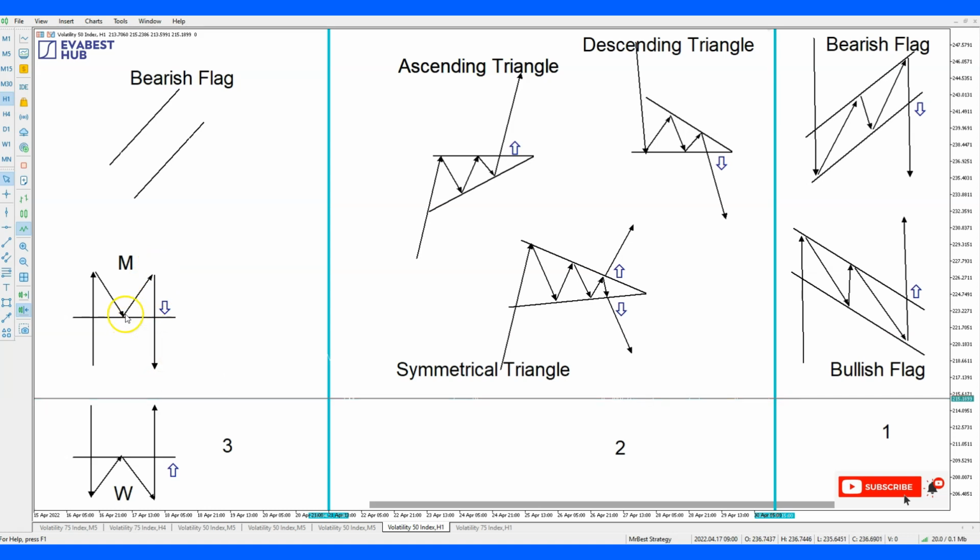So the intersection between this left side and this right side is what we call the neckline, right? Traders like to see the market breaking below this neckline. So once a candlestick breaks below this neckline and closes, traders want to jump in and take their trade. That's why I put the sell arrow here, right?